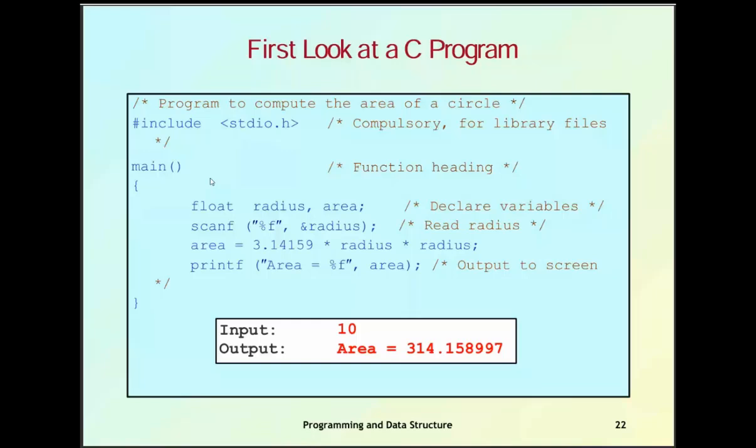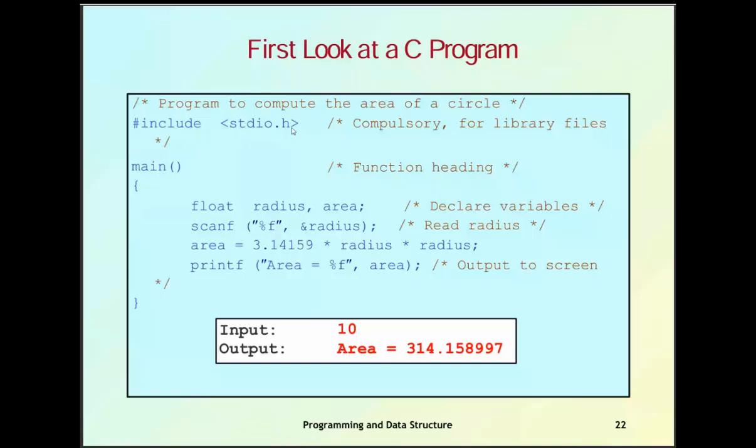Ideally a program should start from the very first line, but in C programming, the execution always starts from the main function. Even if you write your main function towards the end, the execution will start from there itself. So main is a special function in C that you can see as the entry point of execution.